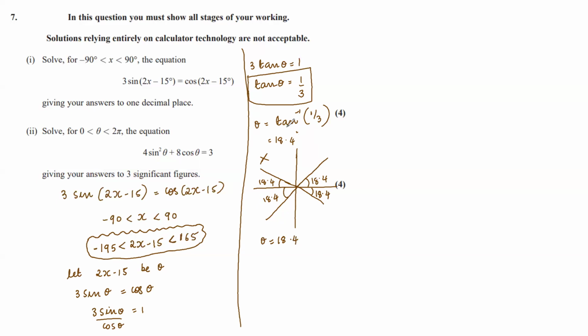Now, we need to consider the negative as well because it goes up till minus 195. So now let's consider one more. So this is 0, minus 90, and this is minus 180.